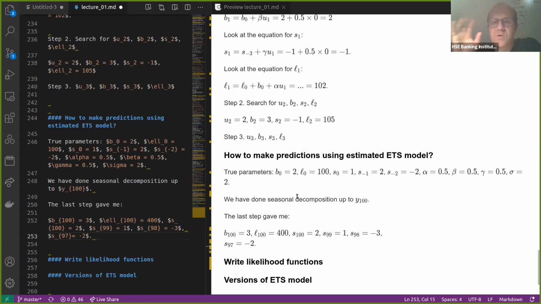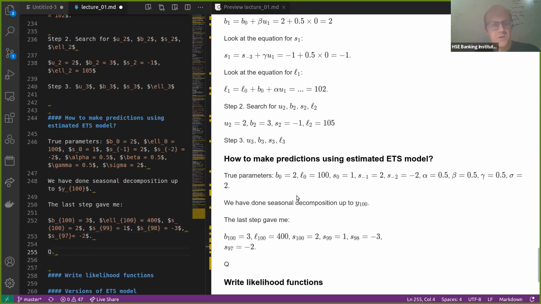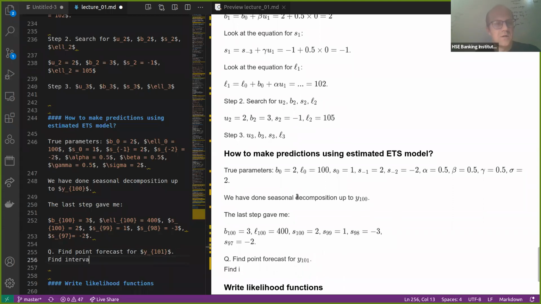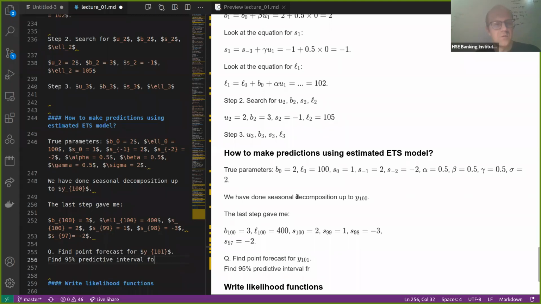So we have decomposed every y into components. Now my goal: find the point forecast for y101 and find a 95% predictive interval for y101.